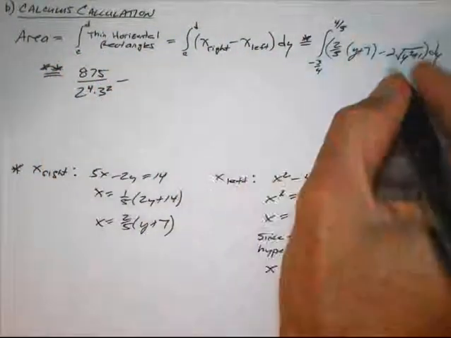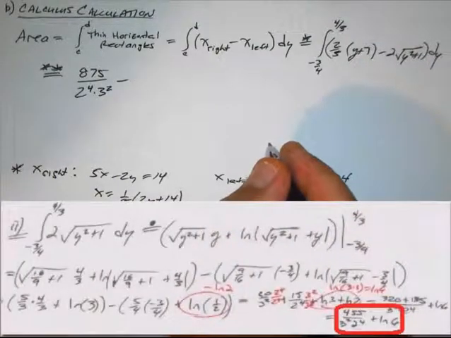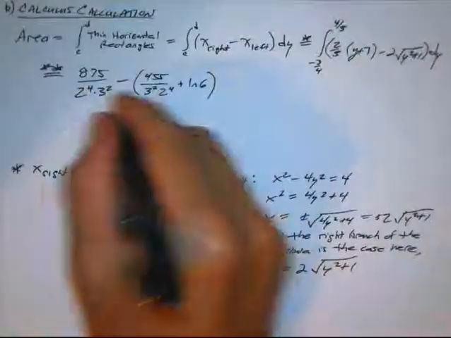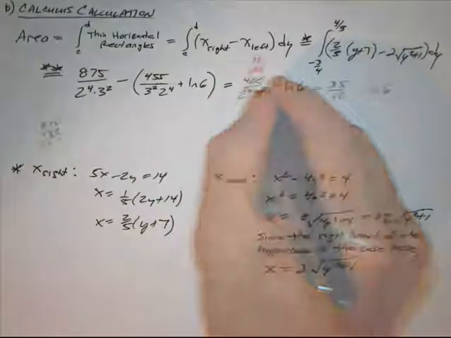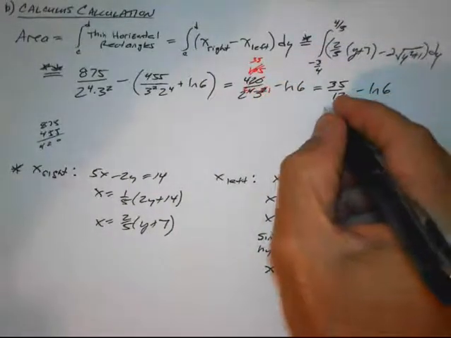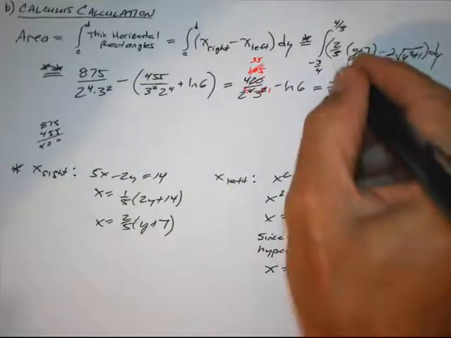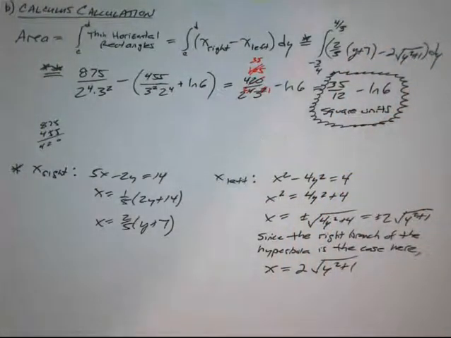And now we're subtracting the second definite integral result. These have the same denominator. Alright, that's nice. And this, with the square units, becomes our calculus calculation result. Let's go on and assess the correctness.